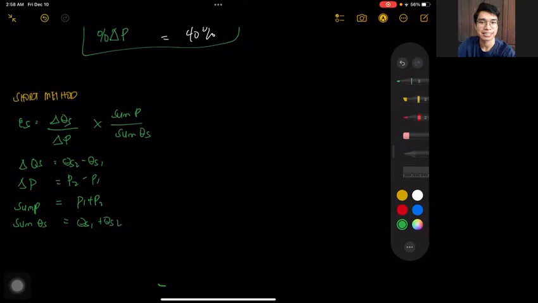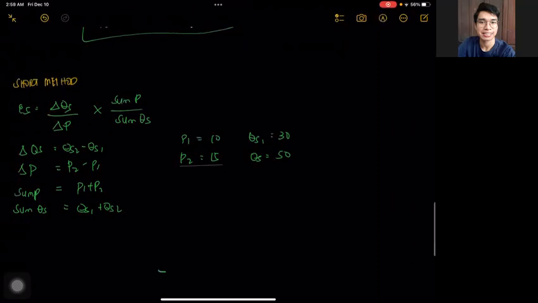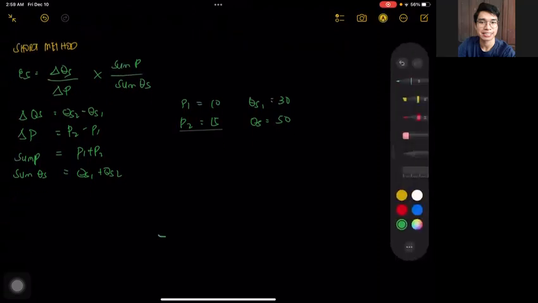Now again, ang ating given is P1, yung example natin is 10, P2 is equal to 15, QS1 is equal to 30, QS2 is equal to 50. Let's try kung pareho lang yung magiging sagot. Mapapansin natin, mas maiksi itong formula. Since we have the given and we have the formula, we just need to substitute.